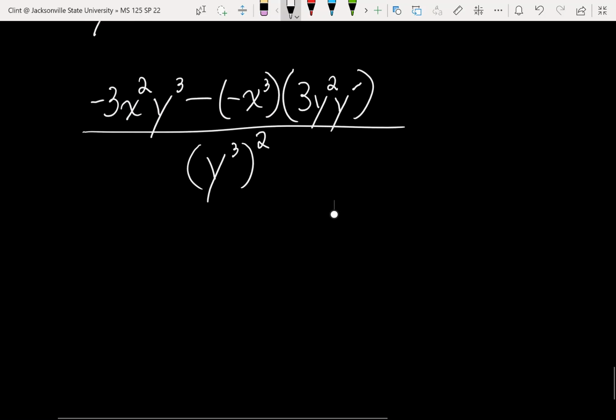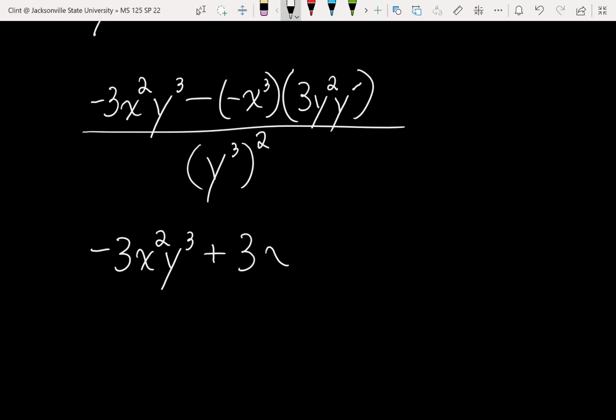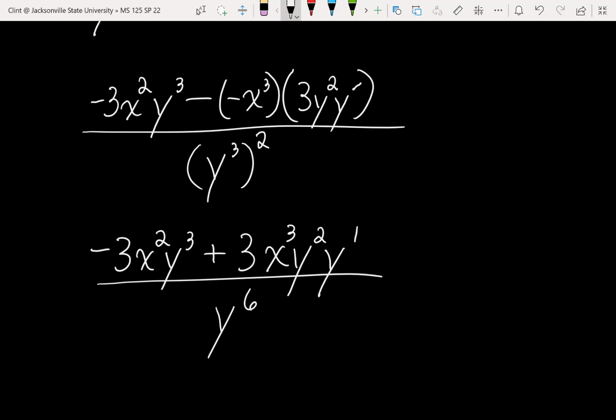Now let's simplify this a little bit. It's 3x squared y cubed, plus 3x cubed y squared y prime, over y to the 6th. The only thing that's a little bit weird here is that we've got this y prime.